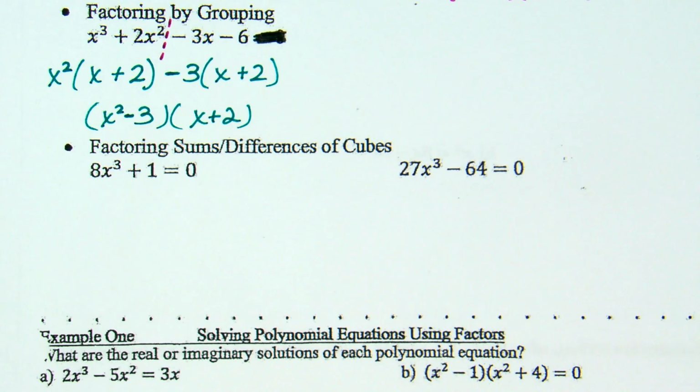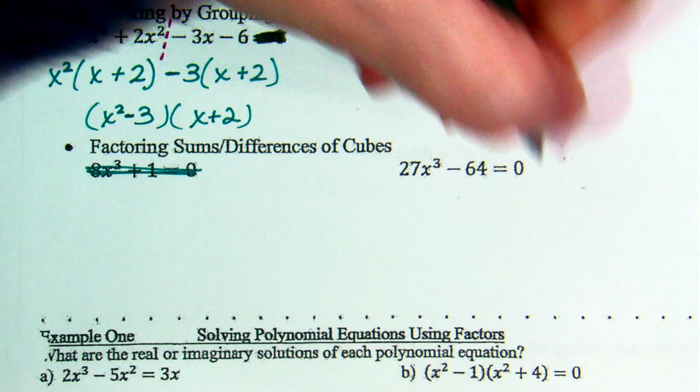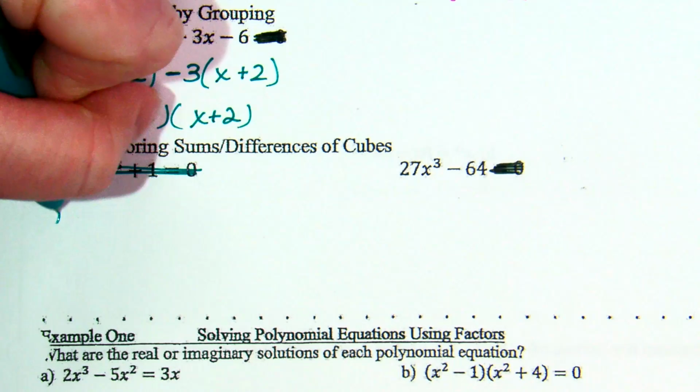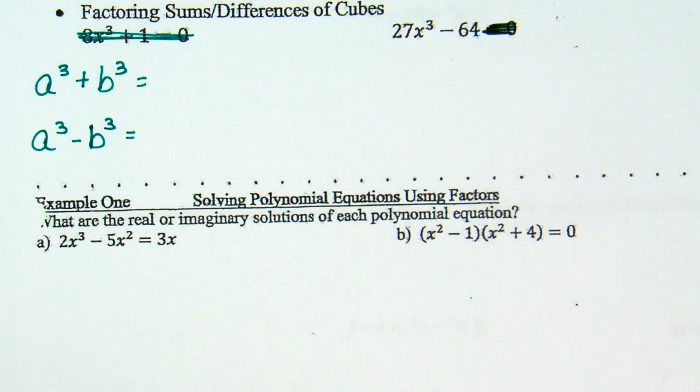When we talk about factoring sums and differences of cubes, we're talking about factoring items in that form, a cubed plus b cubed and a cubed minus b cubed.